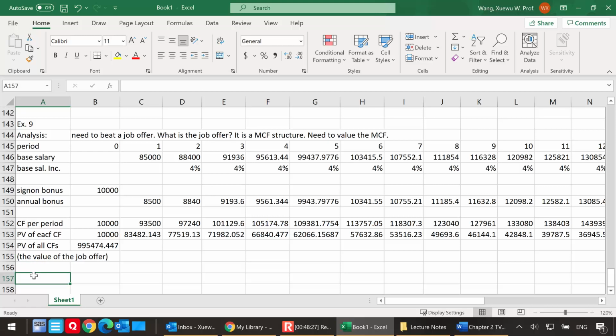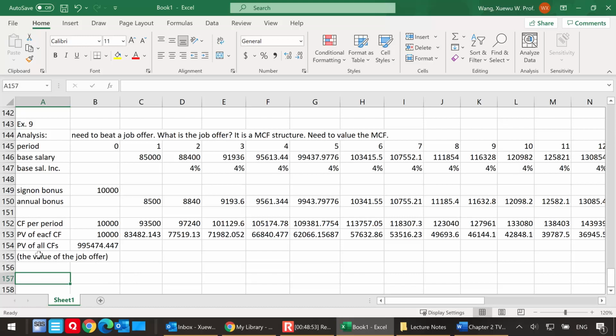The smallest increment you can add is a penny. If you want to be a little generous, you can offer this person maybe, I don't know, $1 million, assuming this is a 25-year contract. So that is the methodology for valuing this job offer, for beating this job offer.